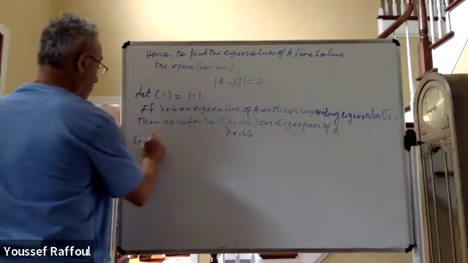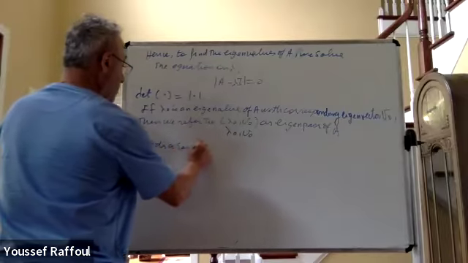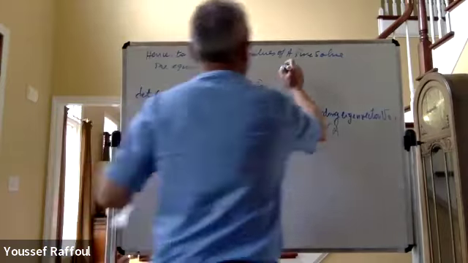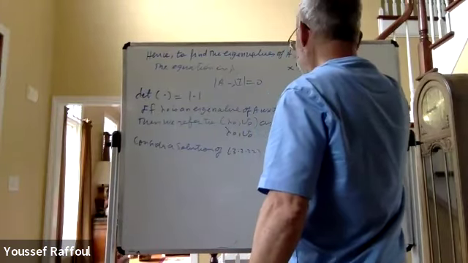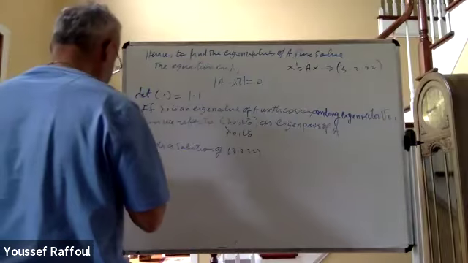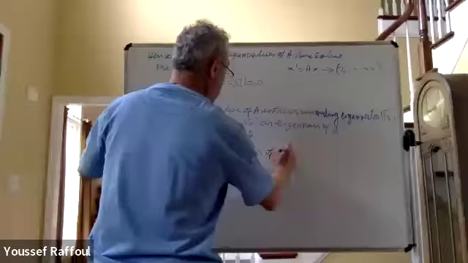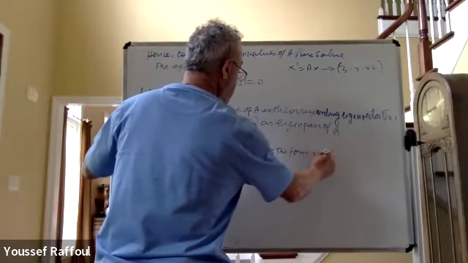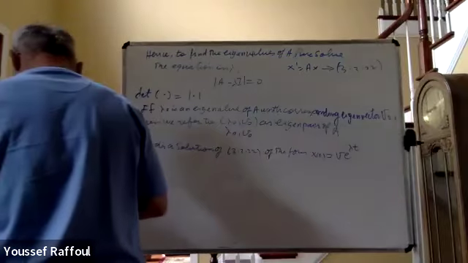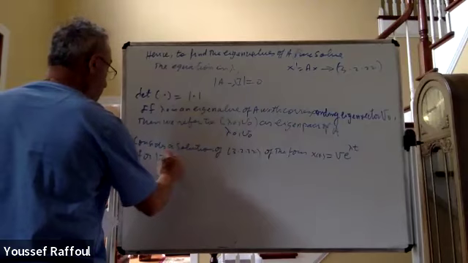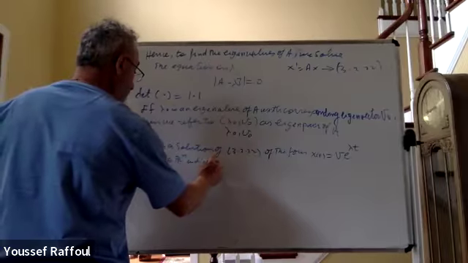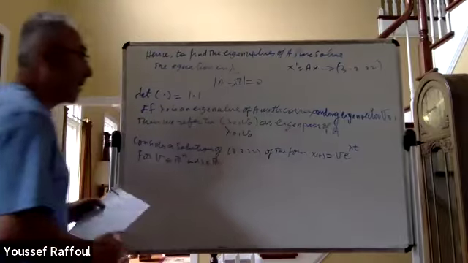Now, consider a solution of 3.2.22, x prime equals A x, of the form x of t equals v e to the lambda t, for v in R n and lambda in R, but actually it could be complex.